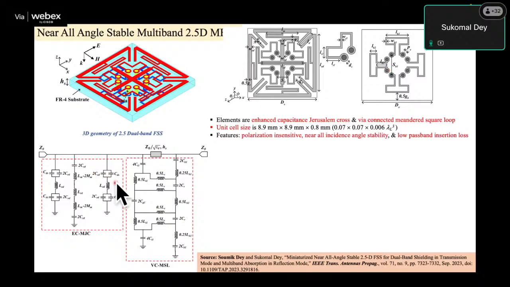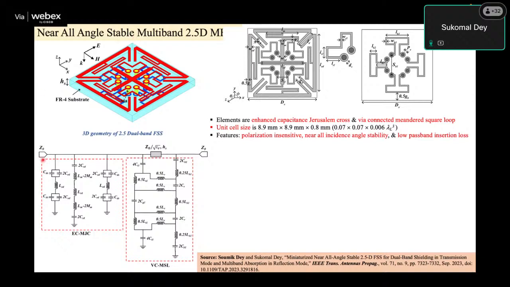Now I am presenting the equivalent circuit model to you. See how we have designed it. Whenever you are making the structure, you should see the structure from the top, not from the side. Why? Because you are playing with the structure with respect to the free space impedance.